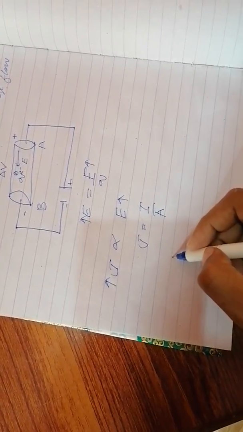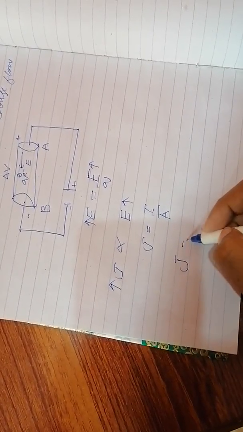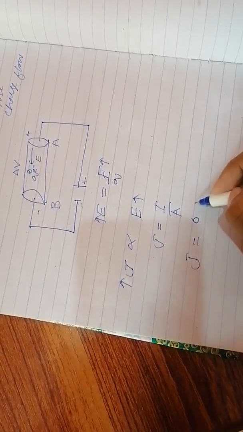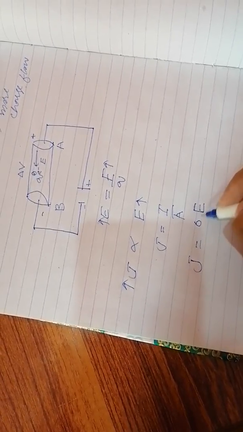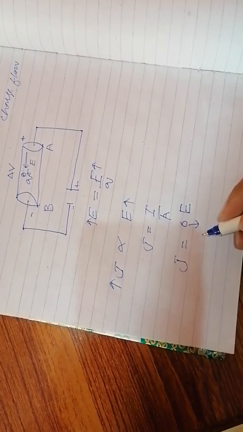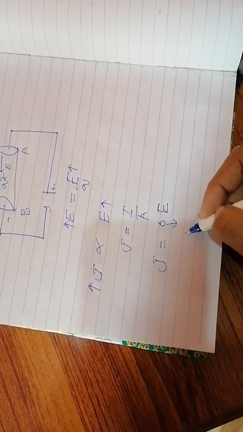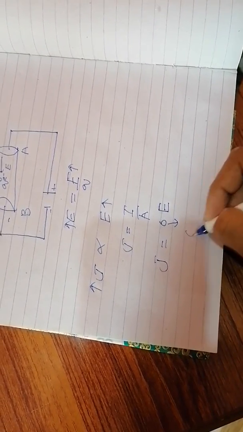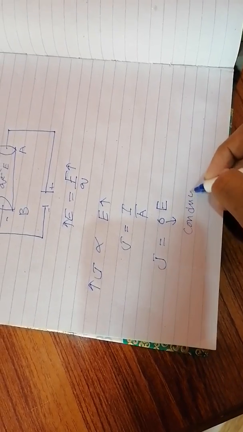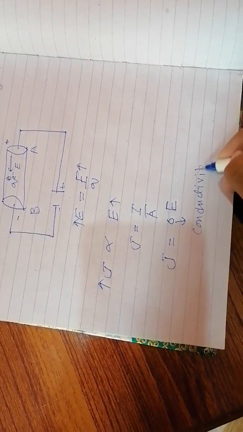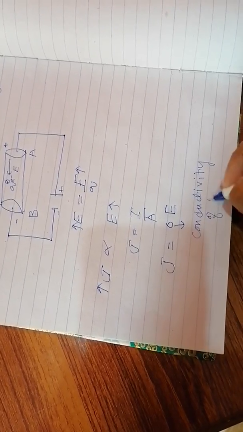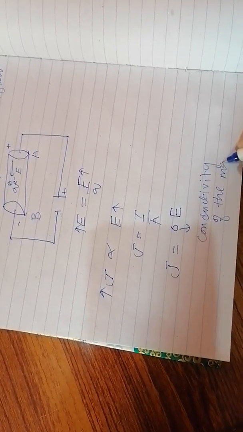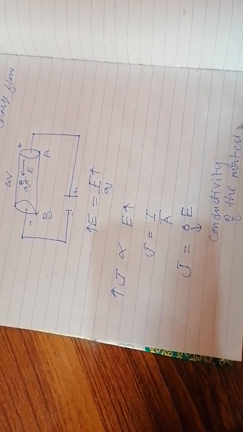So whenever we remove the proportionality sign, we give a constant. This is sigma, and sigma is the conductivity of the material. I hope you are getting it.